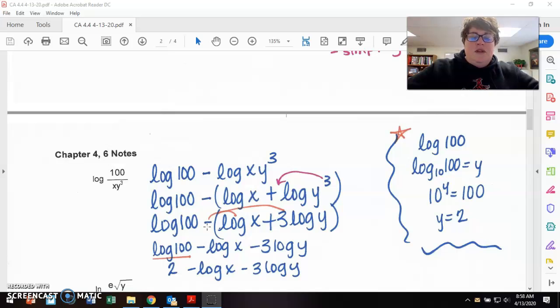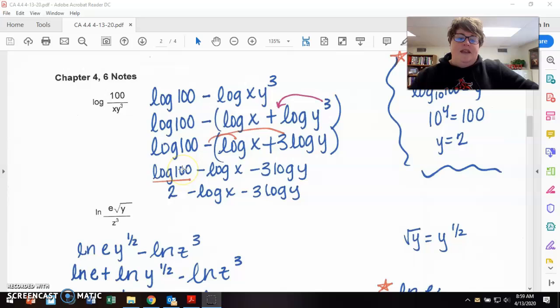And then I want to do my multiplication. If you notice, I put it in parentheses because you're going to have to distribute that negative. So anything on the bottom should have a subtraction sign in front of it. Anything on the top should be positive. Bring down your power, distribute your negative, and then simplify.